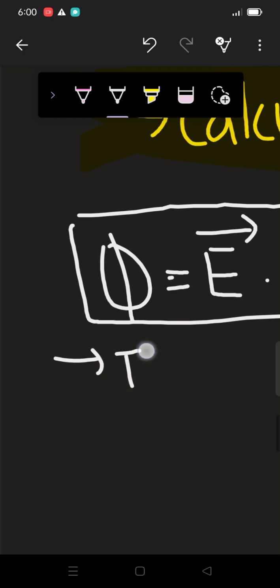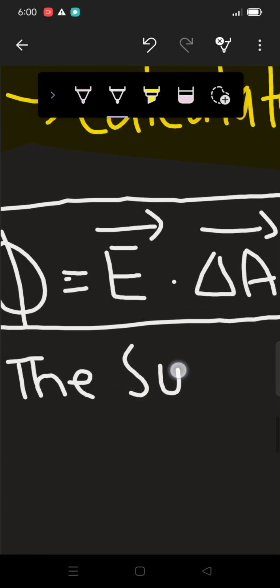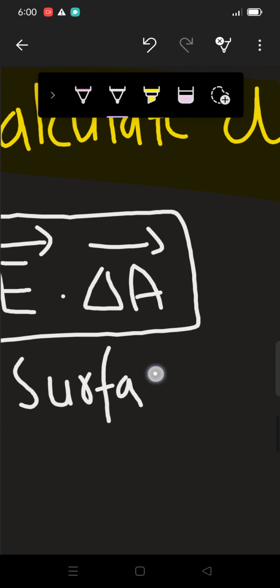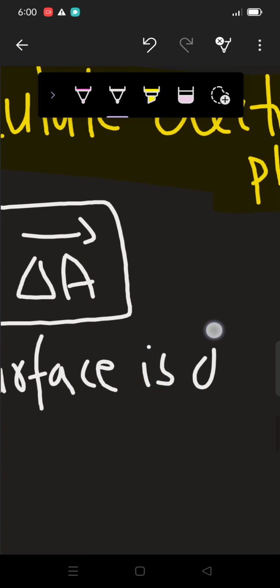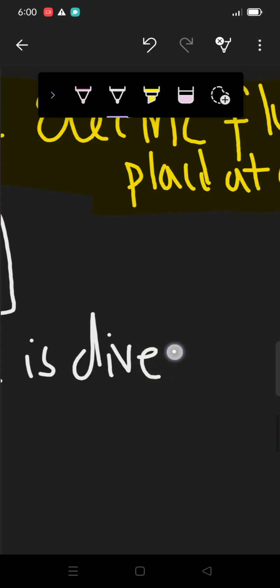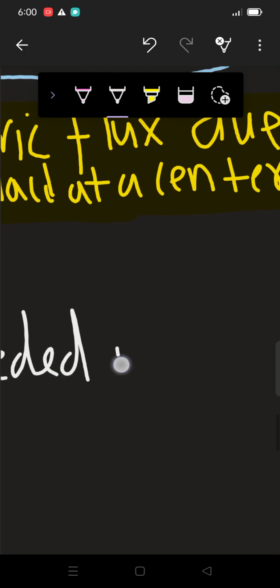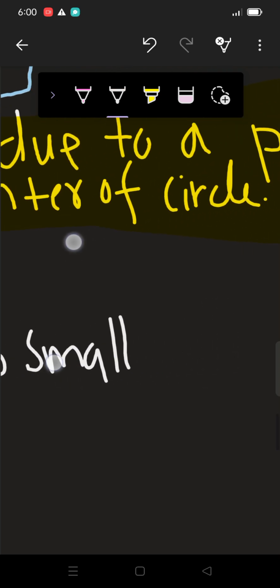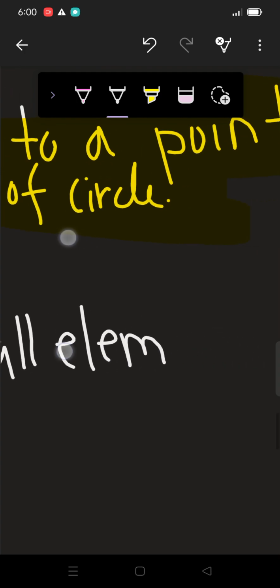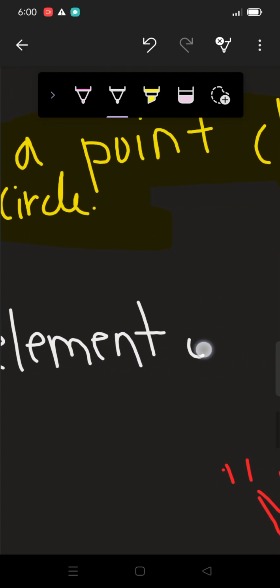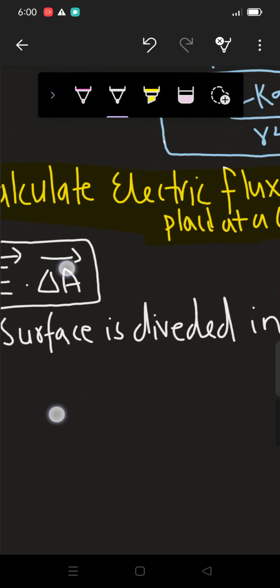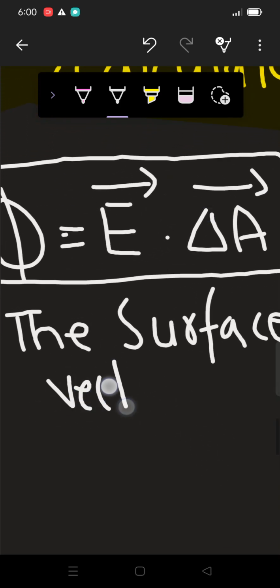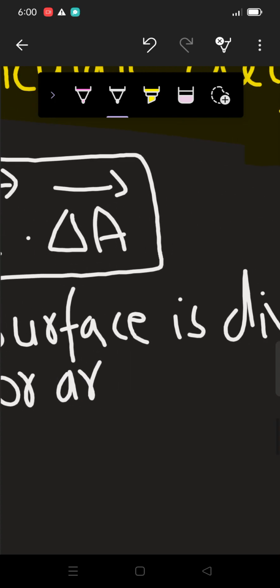Now we are going to divide the surface into small elements of vector area.